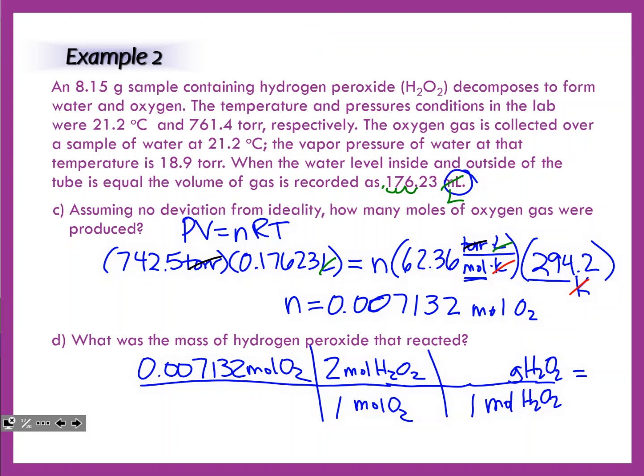This, let me calculate that real quick, is going to be 34.02. And they love to ask this type of question on the AP exam. 0.4853 grams.